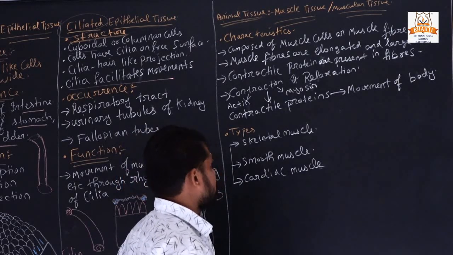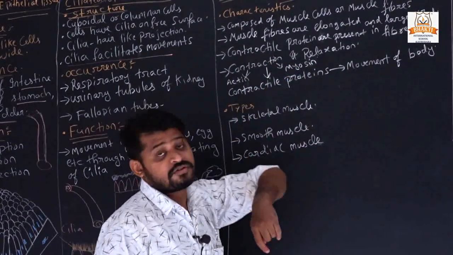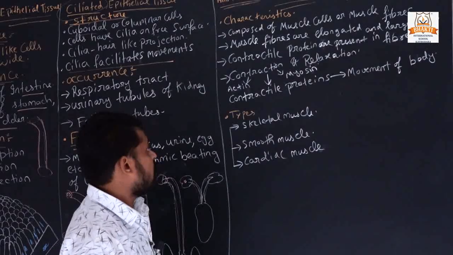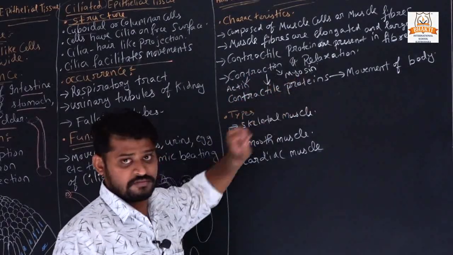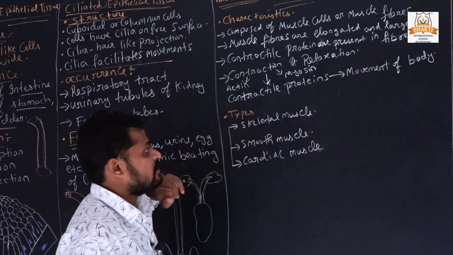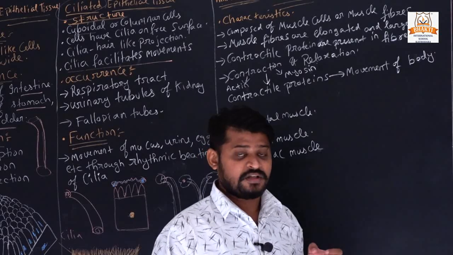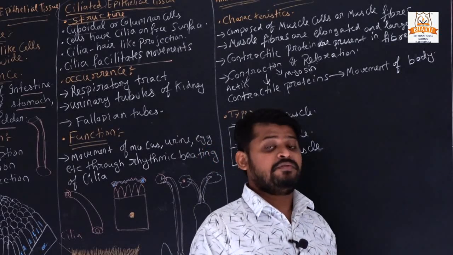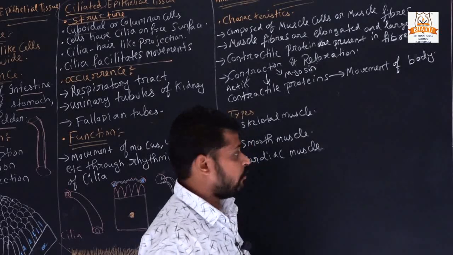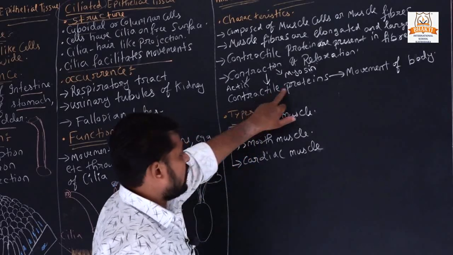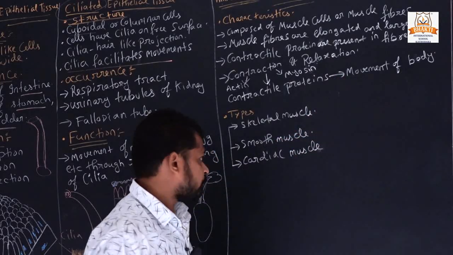Contractile proteins are present in the fiber. What are contractile proteins? There are two types of contractile proteins, actin and myosin. They do the work of movement, meaning contraction and relaxation. These two help in the movement and locomotion of the body.